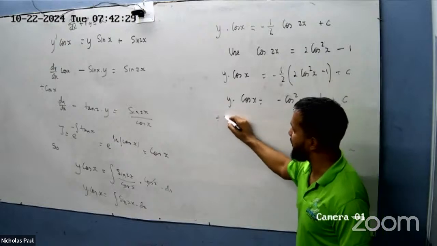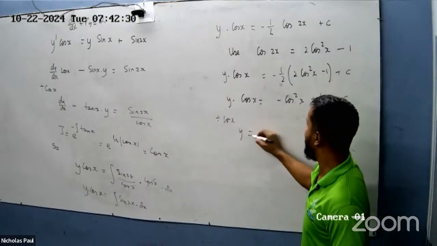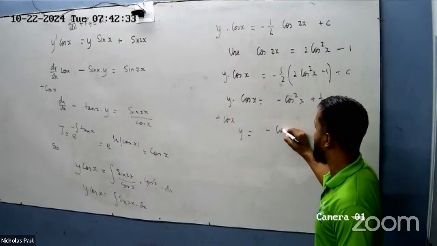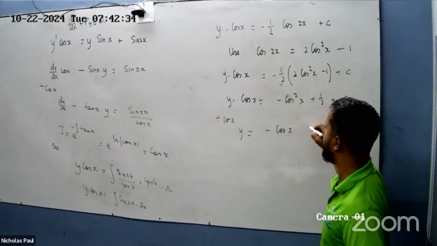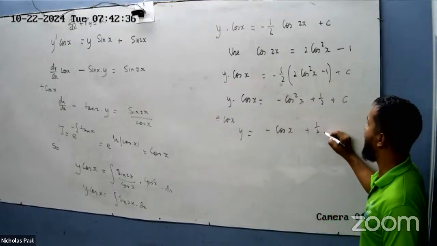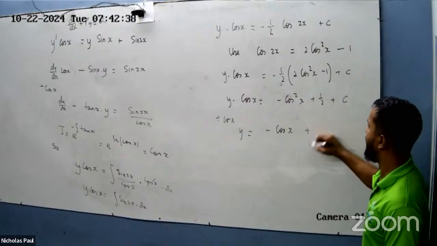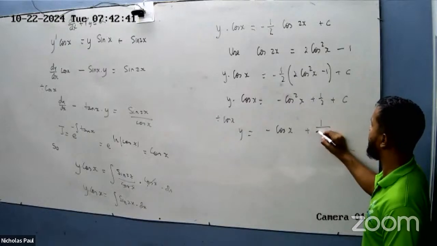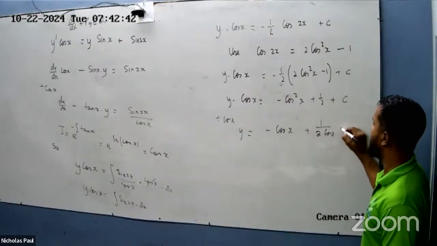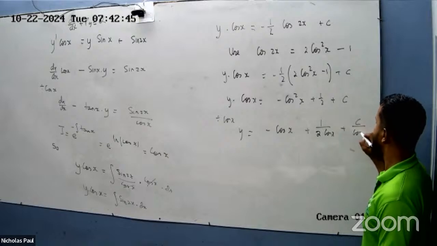Divide everything by cos, and you'll get y is equal to minus cos x plus a half, well, 1 over 2 cos x plus c cos x.